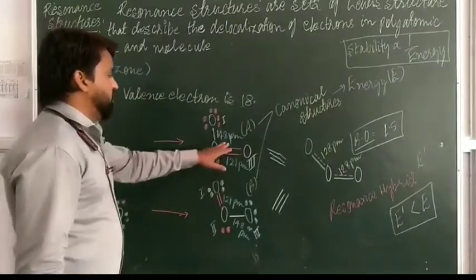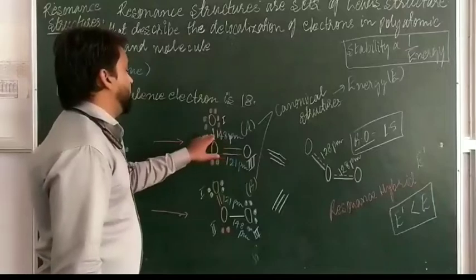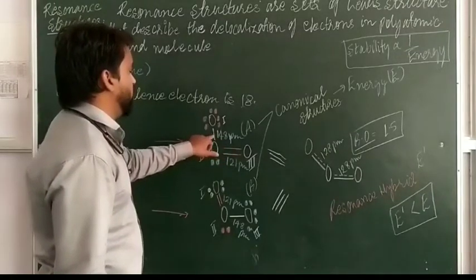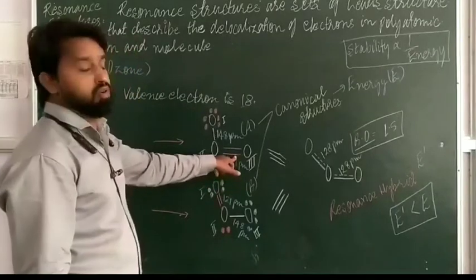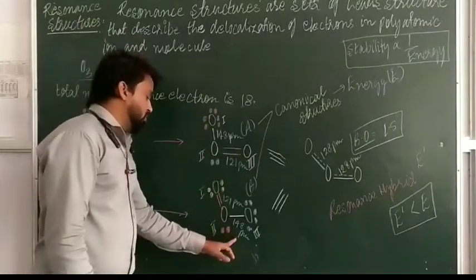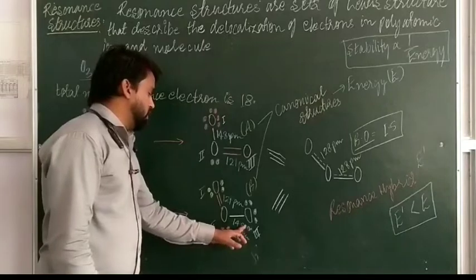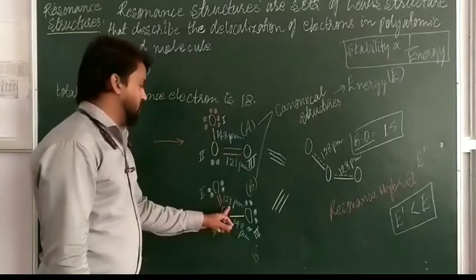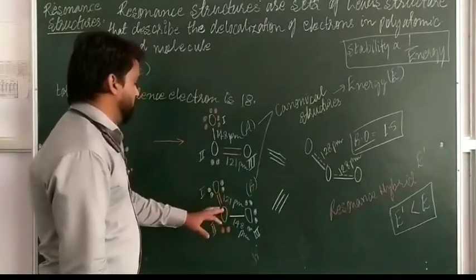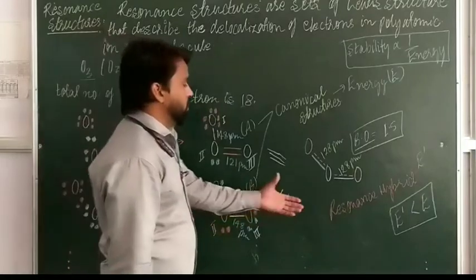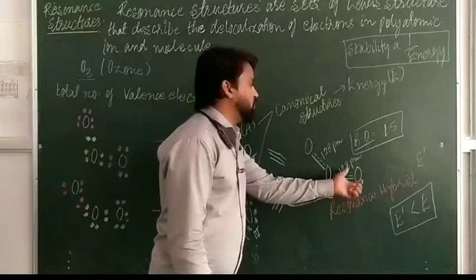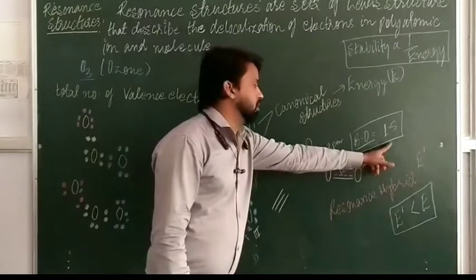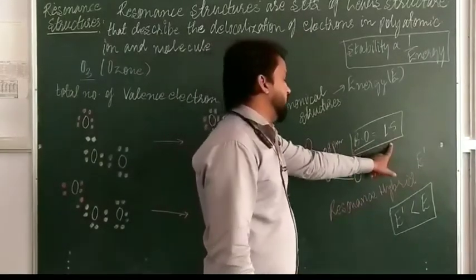And we also write their bond lengths. The bond length of the single covalent bond is 148 picometer and 121 picometer for the double covalent bond, and 148 picometer for the single covalent bond here and 121 picometer for this one. But in the resonance hybrid, the bond length is about 128 picometer and the bond order is equal to 1.5.